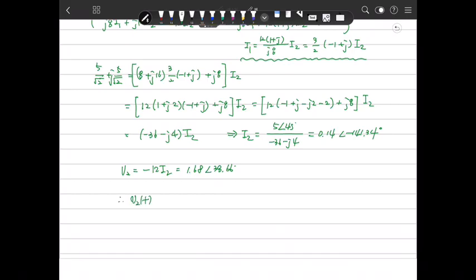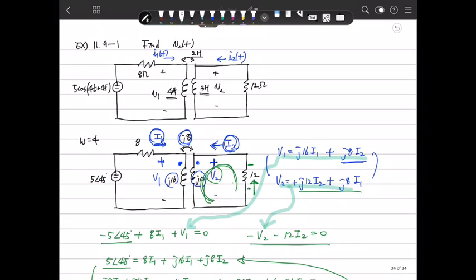From here V2(t) can be written as 4 cos(t) plus 38 point. This manner. We can calculate the coupled inductor, the voltage is very simple in this manner. So the only different thing is we have a coupled inductor, then you need to make an equation based on the coupled inductor equation in this manner. Then you apply this equation to the circuit, and everything is the same thing we discussed in previous.